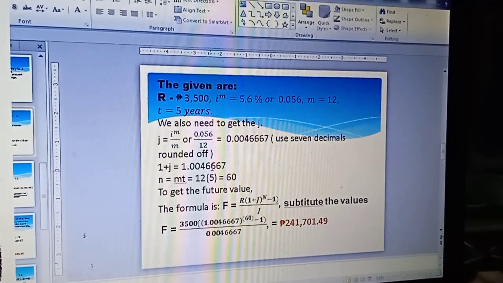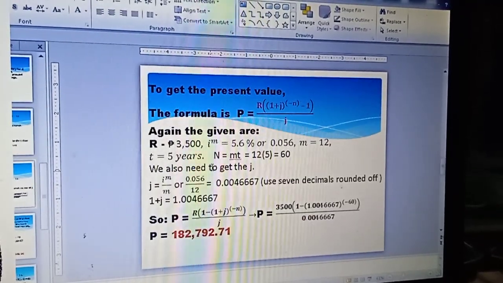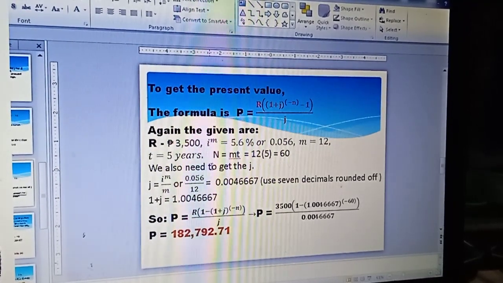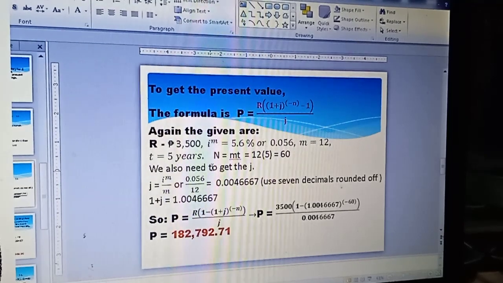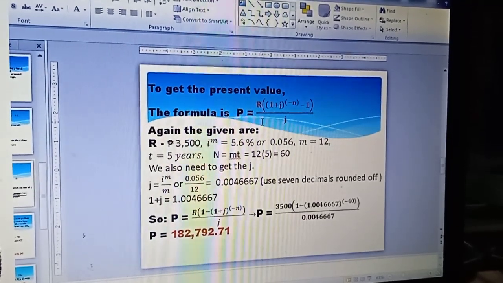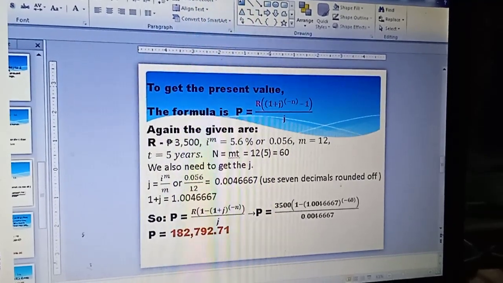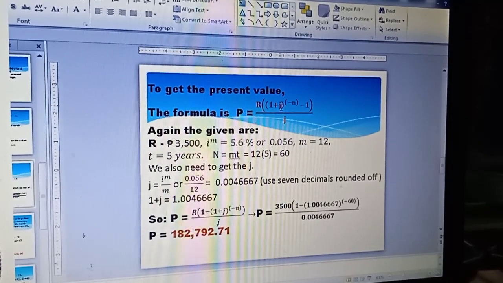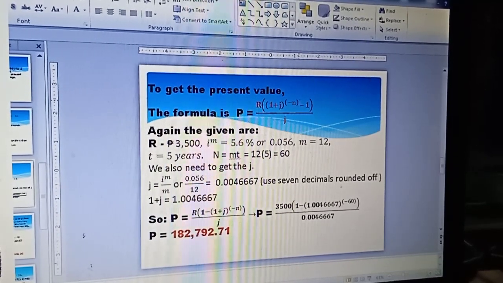And so we also get the present value. In getting the present value, we will use the formula P is equal to R times the quantity 1 plus j raised to negative n.